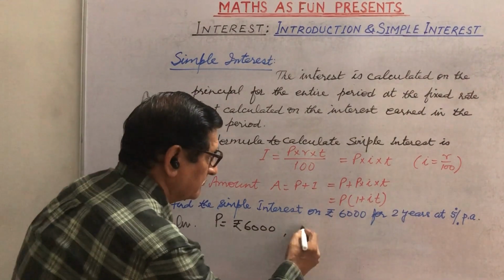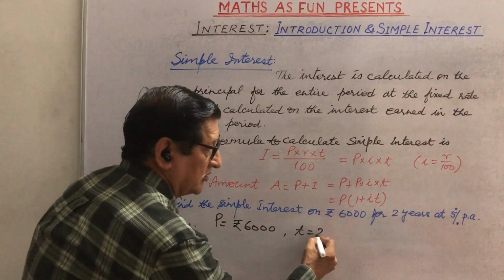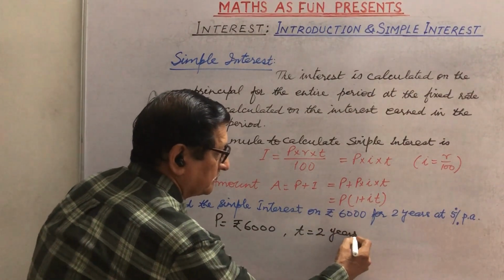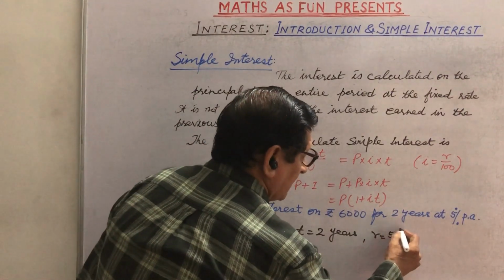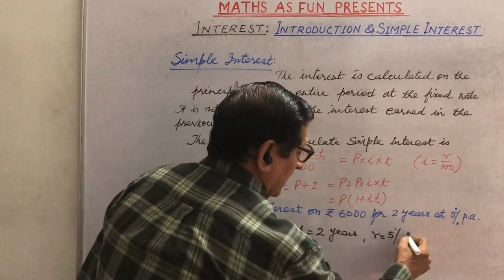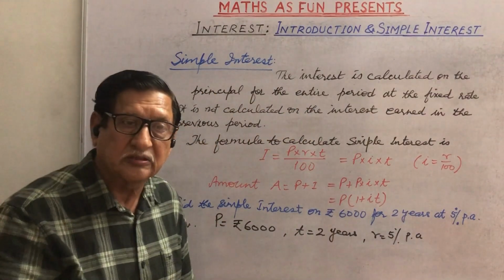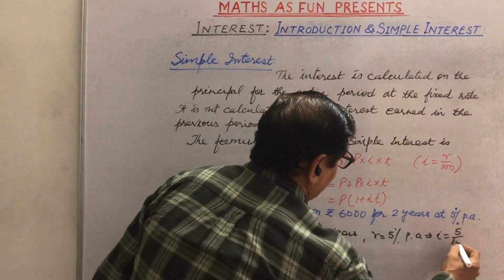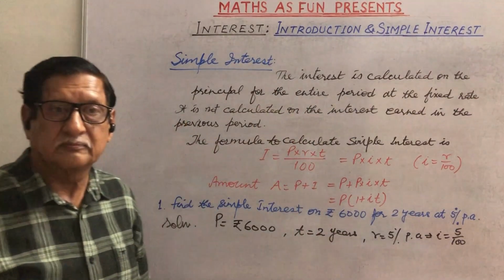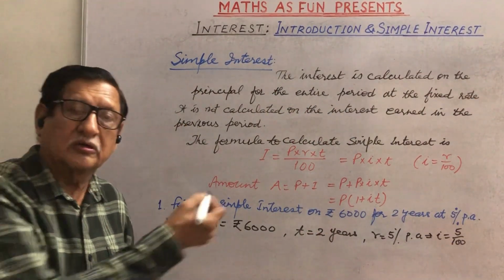The time T is 2 years. And the rate R has been given as 5% per annum. We can also write this as I is equal to 5 upon 100, or we can write 0.05.